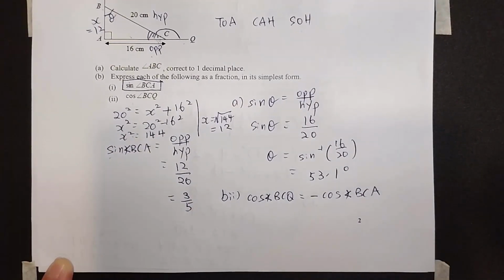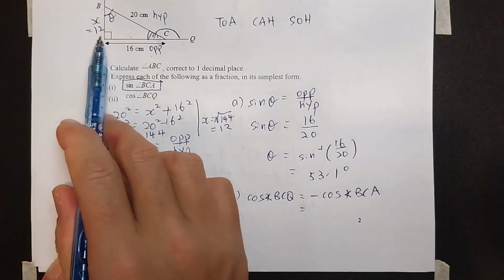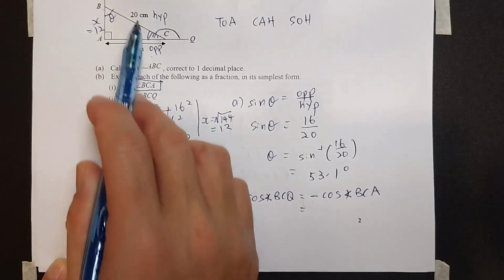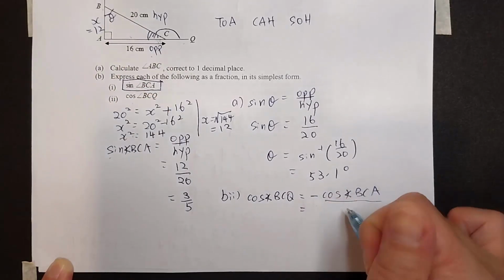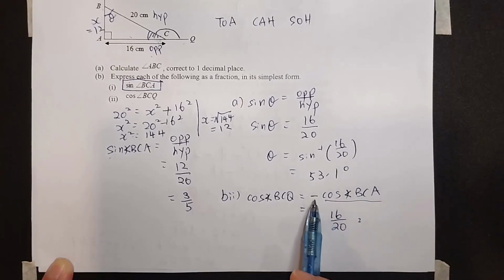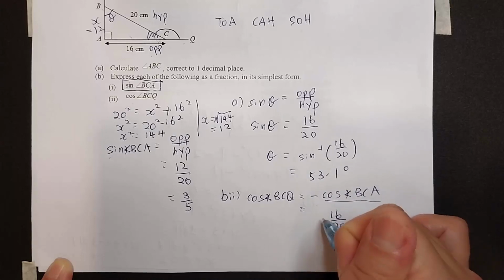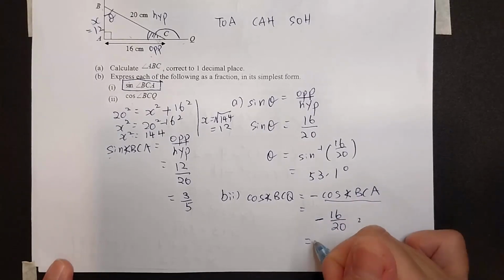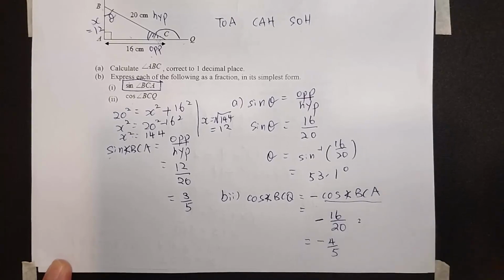There must be a negative here. Since we know that cosine BCA is adjacent over hypo, because it's an obtuse angle, you need a negative sign in front. And hence, we will have negative 4 over 5.